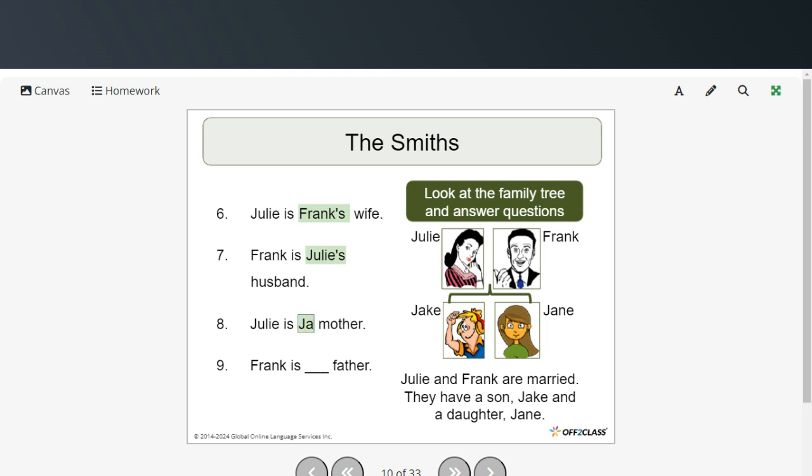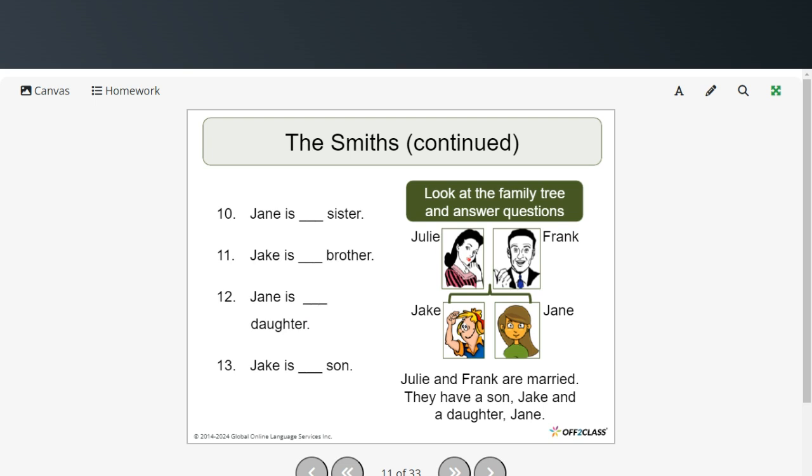Julie is Jake and Jane's mother. And Frank is Jake and Jane's father. Jane is Jake's sister.